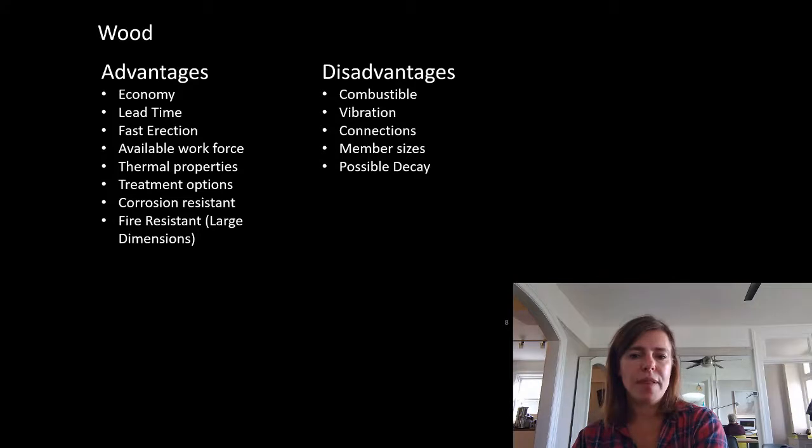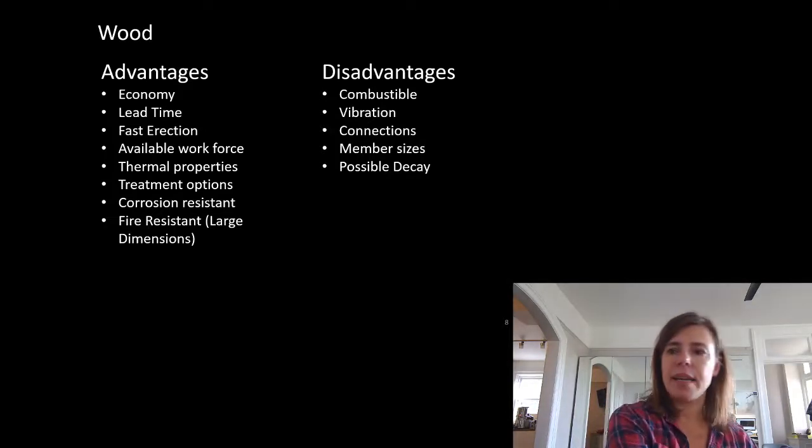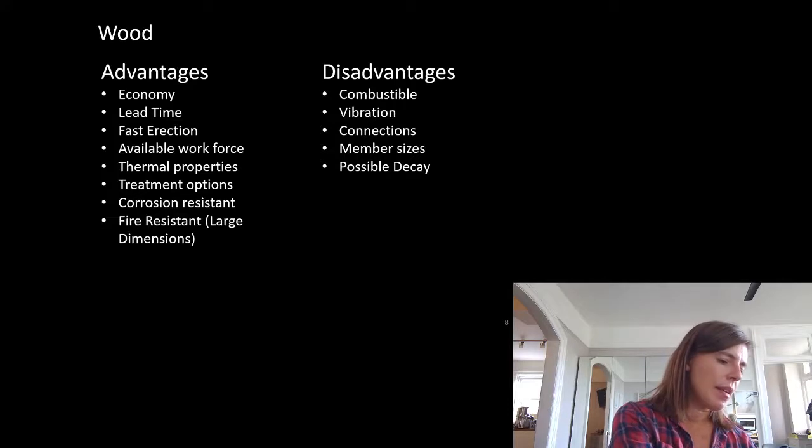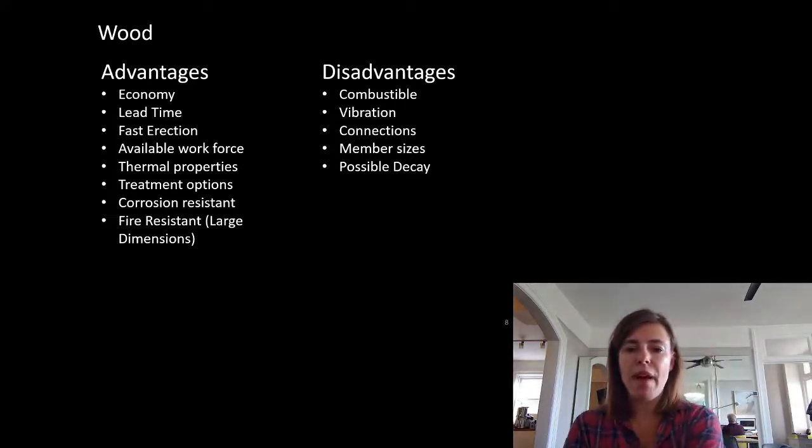All construction is, let's face it, bad for the environment, and what we're trying to find is the ones that are the most neutral, which also means that in wood, I'm going to add that it is probably the most environmentally neutral material we have.